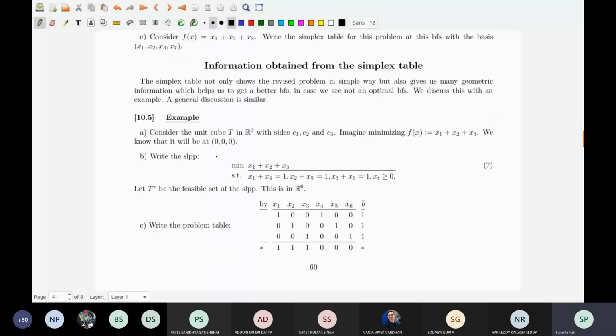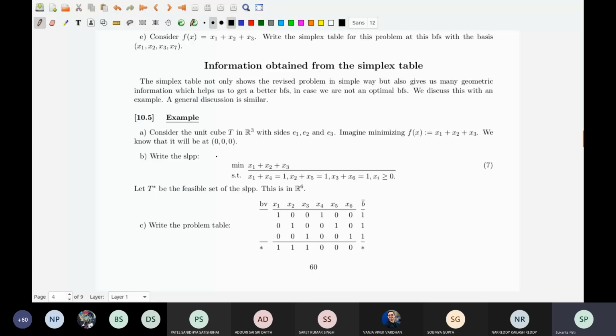And if you have been given one SLPP, like minimize something, and you are given a BFS with a basis, how to write a simplex table at this BFS? Those two things you have found out. Now we'll learn what extra information this simplex table gives us. Okay, so let's see.